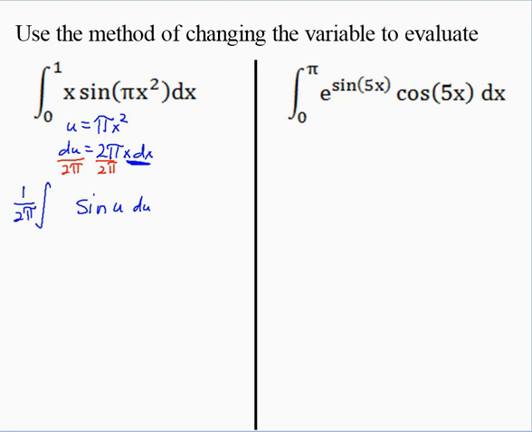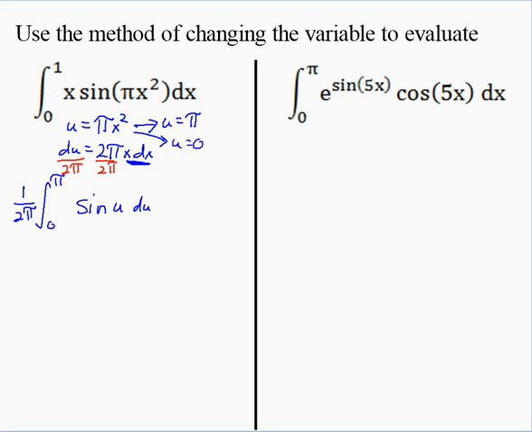Now we have to change our indexes here. So we can plug in 1, our upper one. So this is just pi times 1 squared. So 1 squared is just 1, so our upper one is pi. Our lower, we're going to plug in 0. Well, 0 squared times pi is 0.